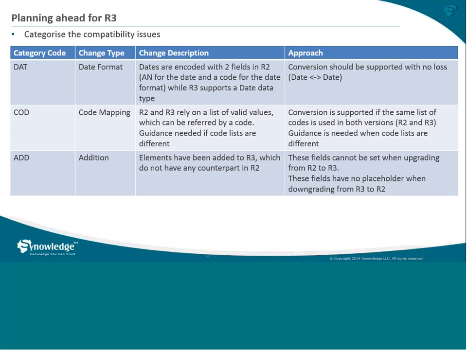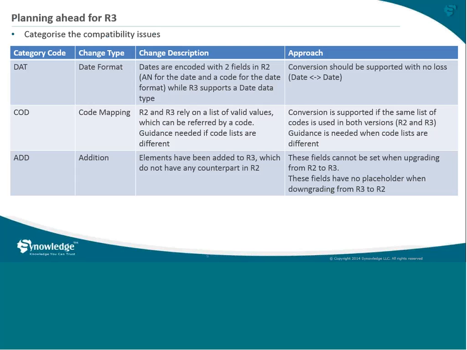Planning ahead for R3, we have categorized the main changes in R3 as compared to R2 into 6 categories. The first one is that the date formats of all the fields have undergone a facelift in R3 as compared to R2.